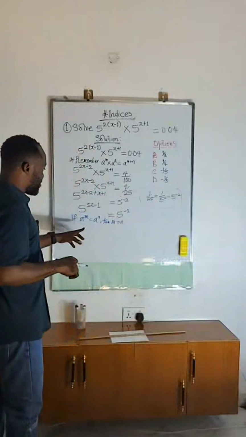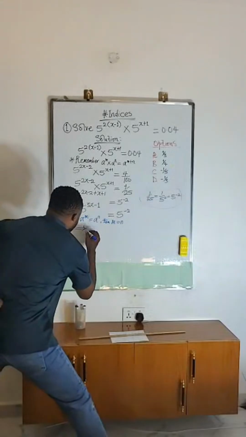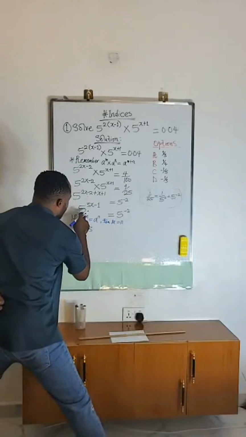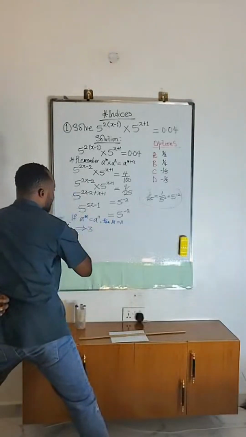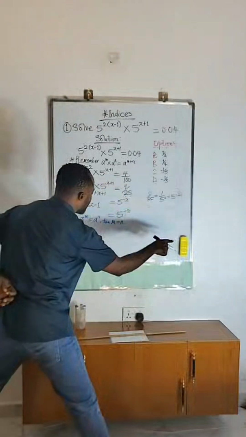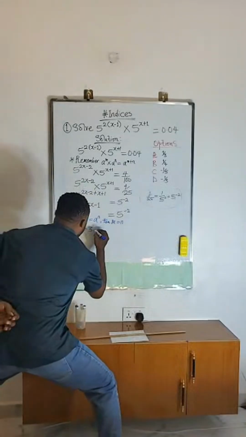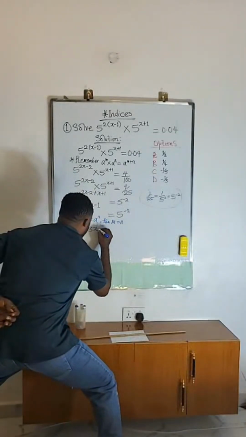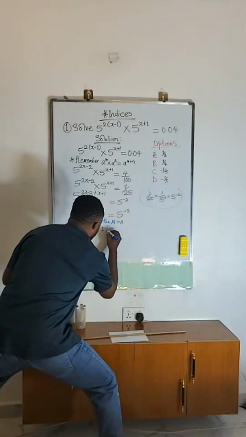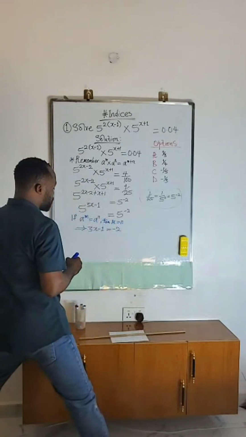So we are going to say that 3x, which is the power on the left-hand side, equals the power on the right-hand side, which is minus 2.